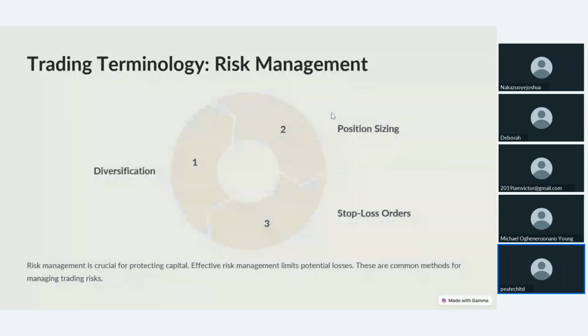So imagine I have maybe a $1,000 account and I decided to risk the entire $1,000. Now, if that trade should go south, I will not have money to trade tomorrow. I'll have to go and look for another money to deposit. But if I decide that no, I want to risk 200, and the market didn't go as planned and I lose that 200, I still have 800 to trade.